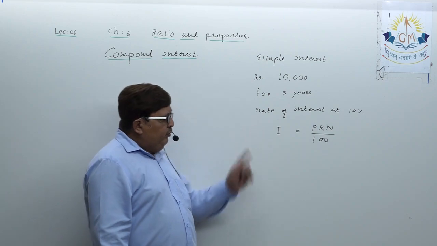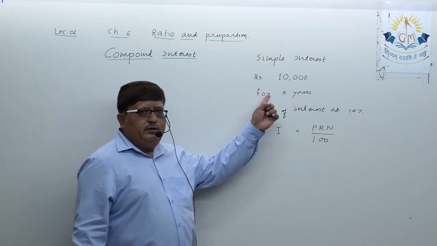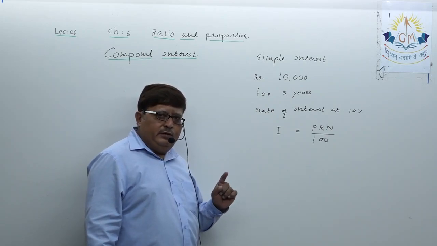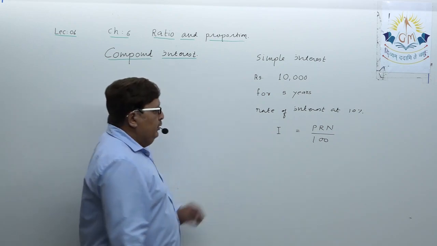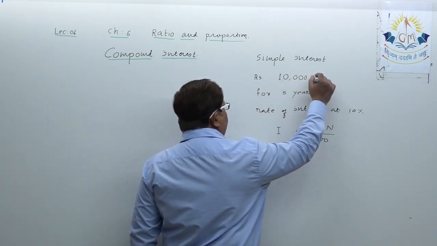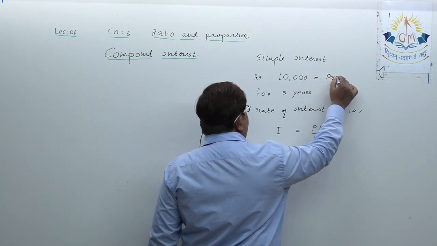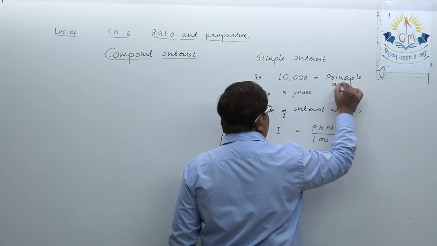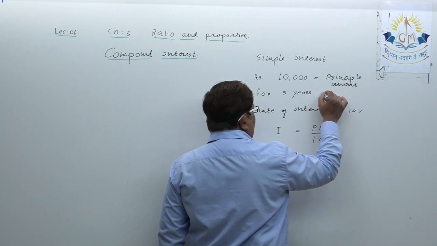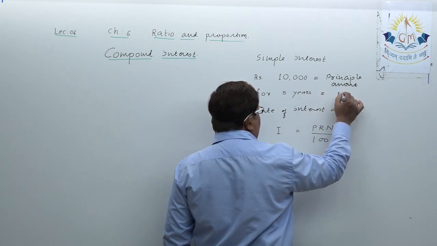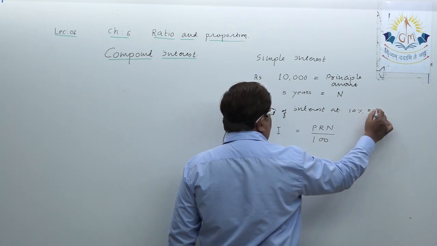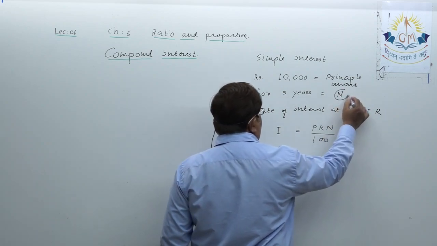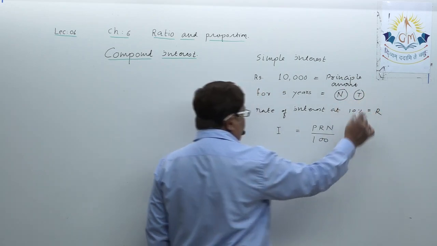Suppose you want to find simple interest on the given data. You borrowed 10,000 rupees. You all know that this is known as the principal amount. For 5 years, the tenure of 5 years can be called N, and the rate of interest is called R. Sometimes here we utilize the symbol T also.